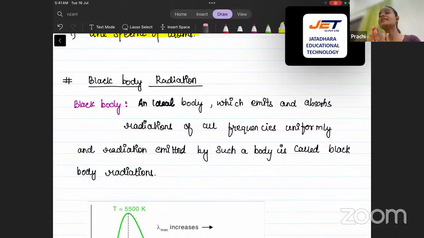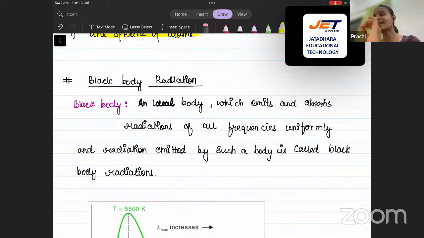So from here we will see the beginning of quantum mechanics. You should be excited that you will be learning something new. You will see when quantum mechanics started and how it explained the phenomena that were not being explained by the other theories. So let's begin with the black body radiation.